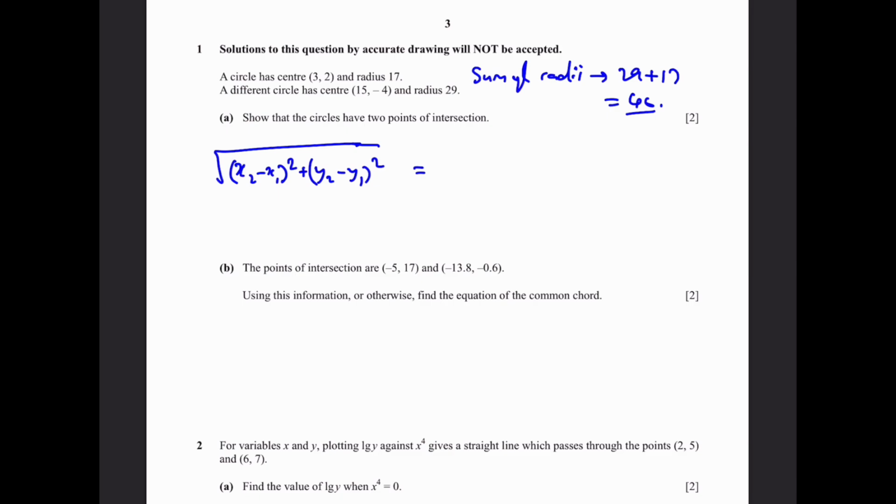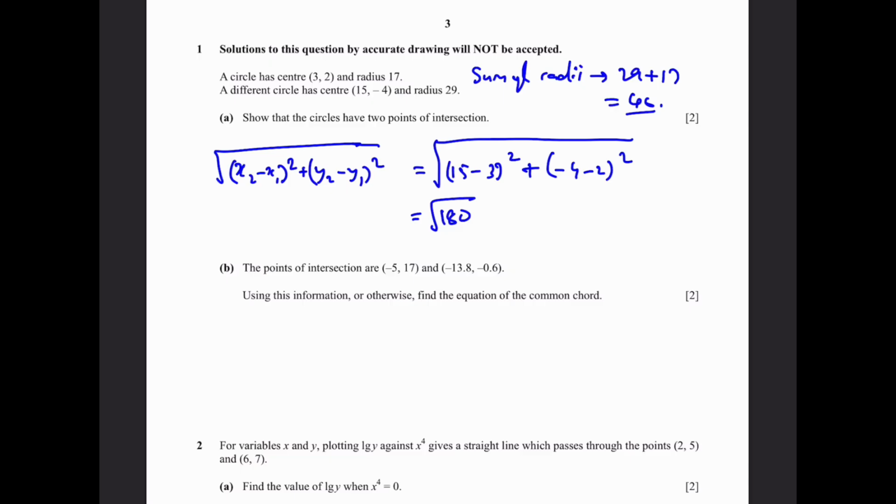Let's take this as x2 comma y2, x1 comma y1 there. So we get 15 minus 3 the whole squared plus minus 4 minus 2 the whole squared, and of course we square root this, which is equal to the square root of 180. And this is of course the distance between the centers.